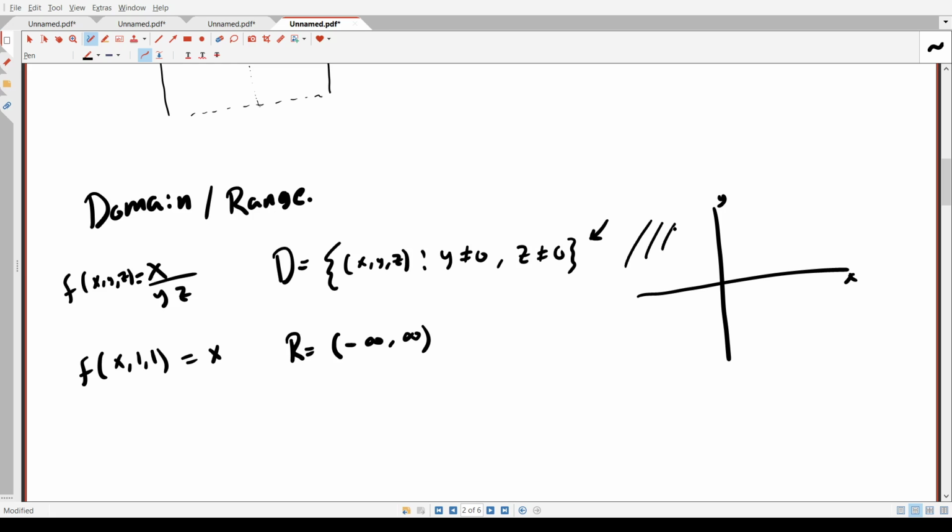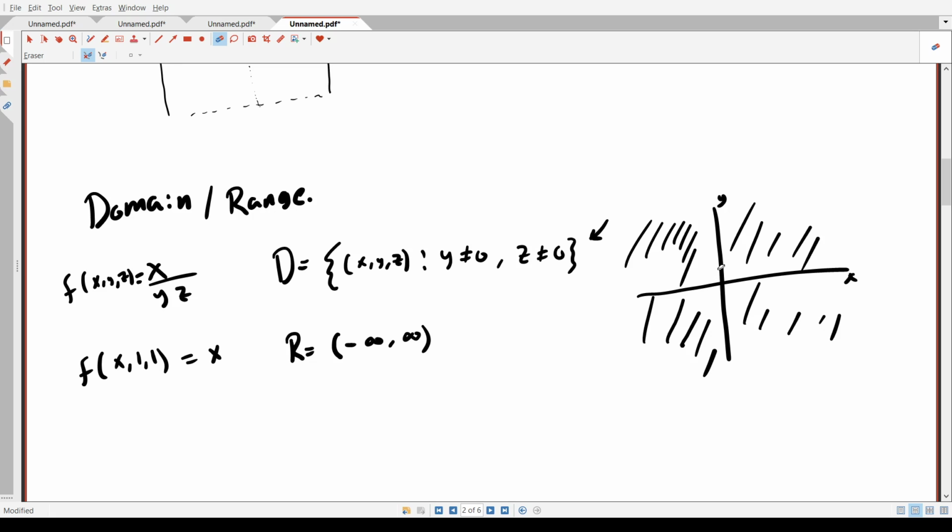So it's going to be all of this and all of this on this side. It's not going to include the y-axis, and it's also not going to include the z-axis. So yes, it's going to be open.